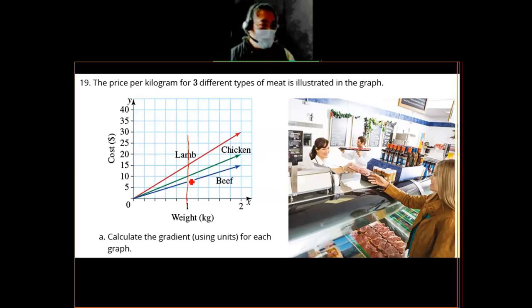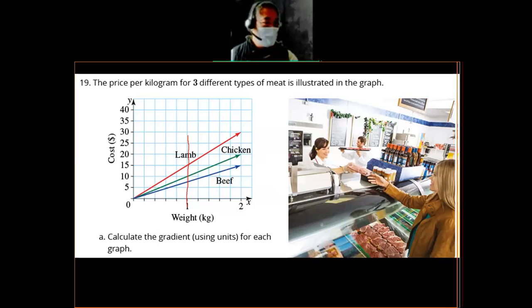For chicken, it's in green. What would that be for chicken? It's actually quite expensive, but yeah. So chicken is 10 for 1 kilo, and 10 over 1 is 10, so it's also the gradient. And for the lamb, it's 15.